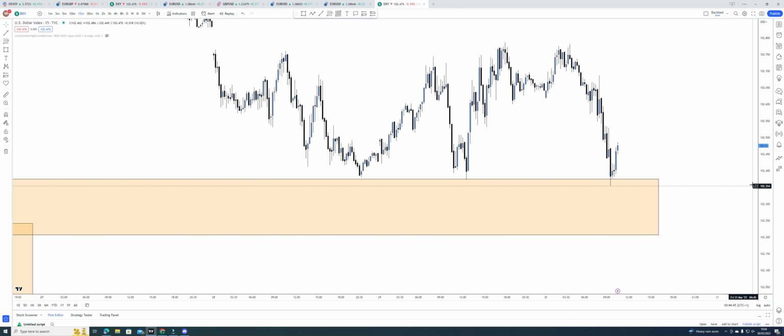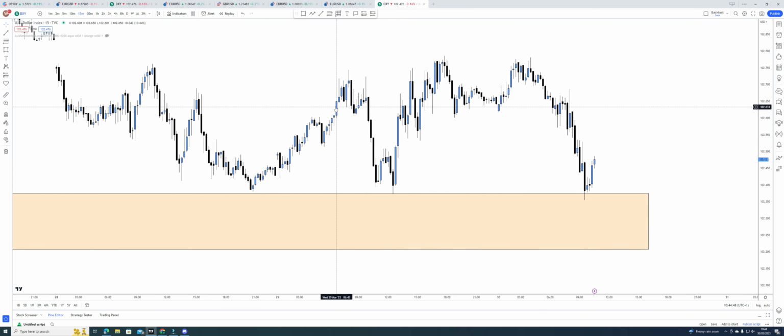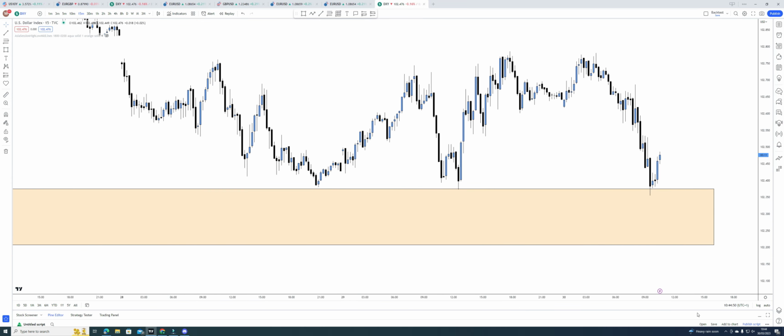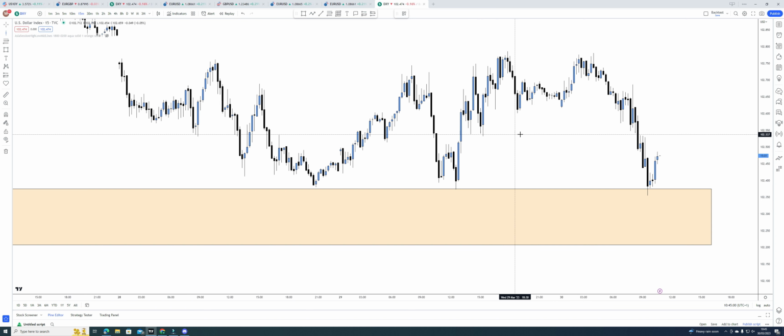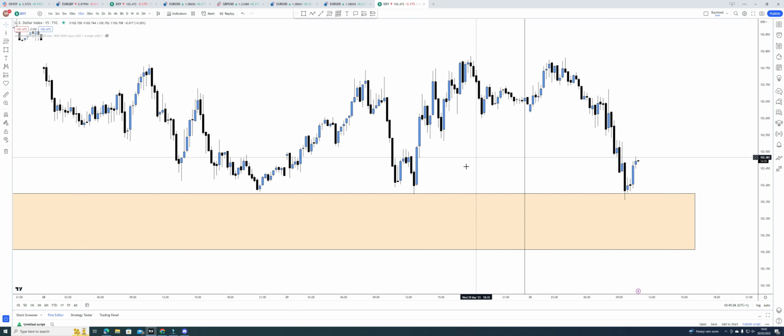Okay, so we was here. This was yesterday's price action on the 29th. I'm just going to draw a vertical line so nobody gets too confused. That'll do.